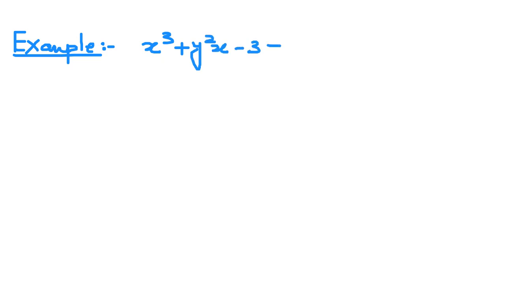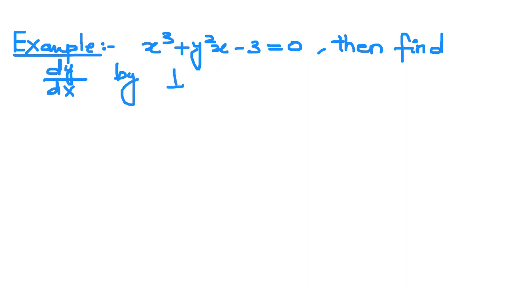For example, x power 3 plus y square x minus 3 is equal to 0, then find dy over dx by using the implicit differentiation formula.